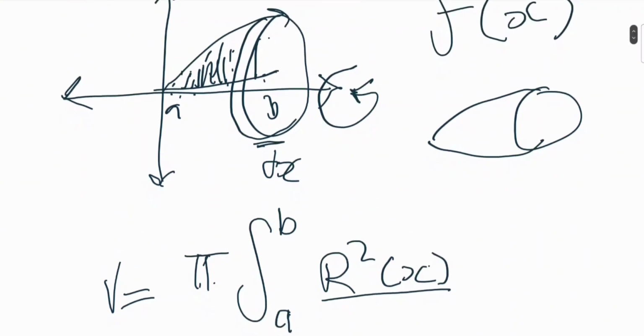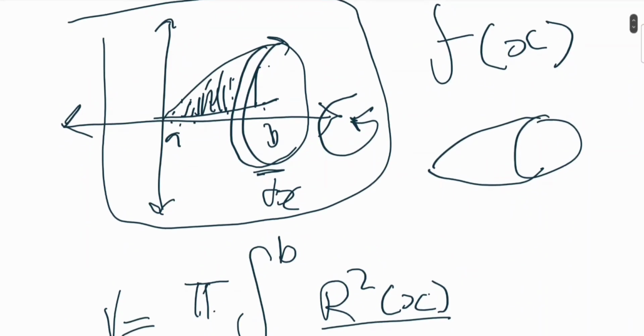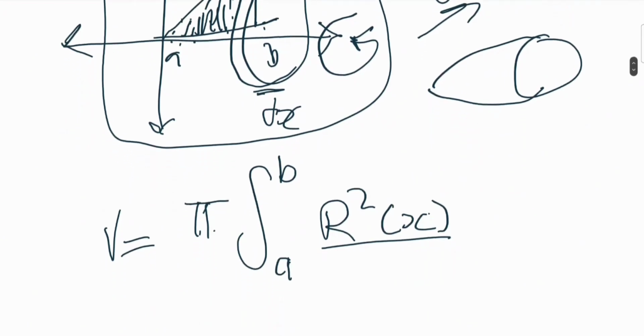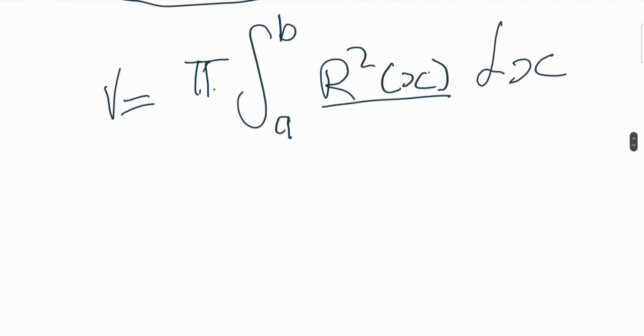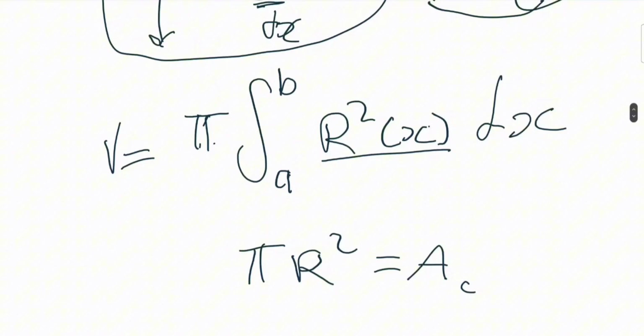So in this case, it's going to be f of x, okay? And then dx, obviously, as we're integrating. So here you can see that pi and r squared are obviously coming from the area of a circle, okay? Pi r squared is the area of a circle.